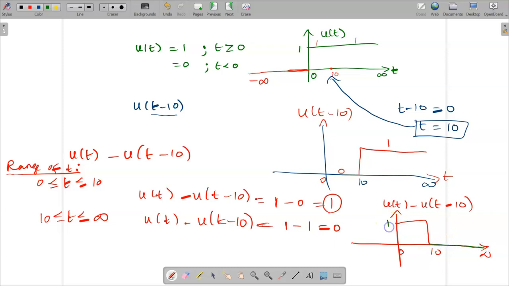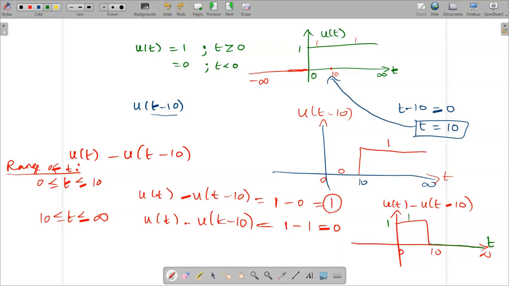So this is the signal. This amplitude is 1, this amplitude is 0. On the x axis it is time t and on the y axis is the amplitude we have determined. So for 0 to 10 the value is 1, and for 10 to infinity the amplitude is 0. This is the signal we have obtained.